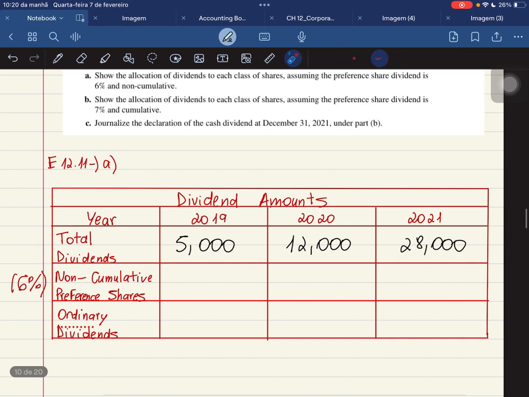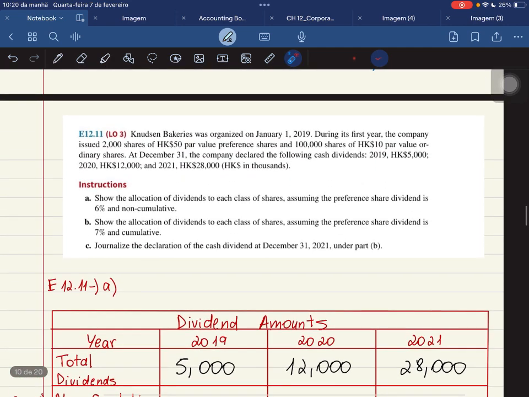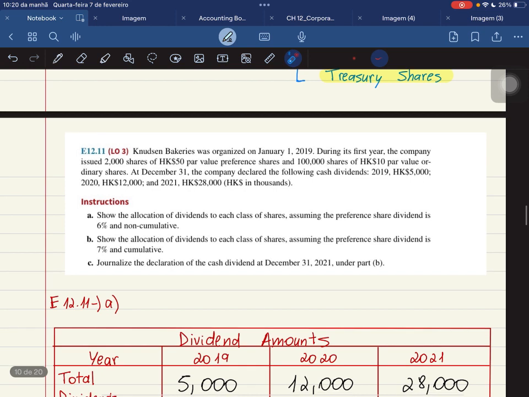Okay, now taking a look at our table, the first one that we're always going to be doing is always going to be the preference shares, right? So here at the top, do you see they gave us some information? They said that they issued 2,000 shares of 50 preference shares and this of ordinary shares, right? Since we're always going to do the preference shares first, it really doesn't matter this part over here, ordinary shares, because we're not going to be using them.